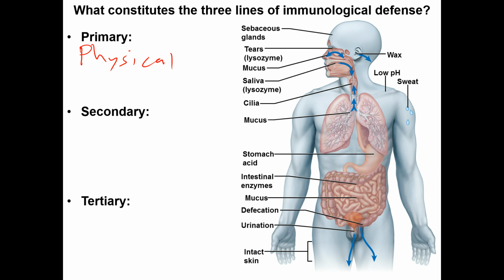So think about skin. Our skin cells are constantly shed, so that's a physical barrier. It's also coated in a nice waxy secretion. It's keratinized.